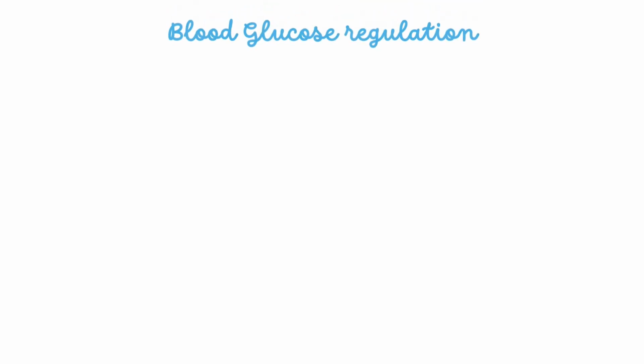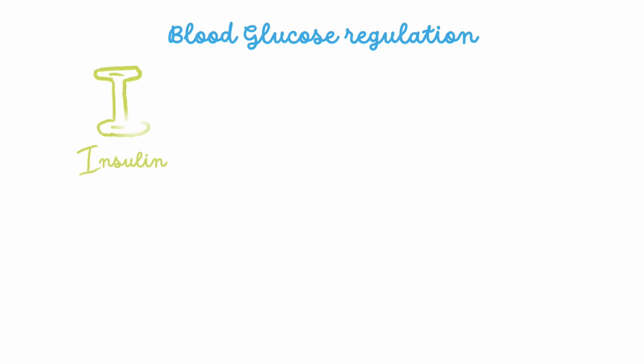So I'm going to give you a recap of how blood glucose is regulated. As we all know, there are two major hormones, insulin and glucagon, that are responsible for maintaining the blood glucose level in a certain range.